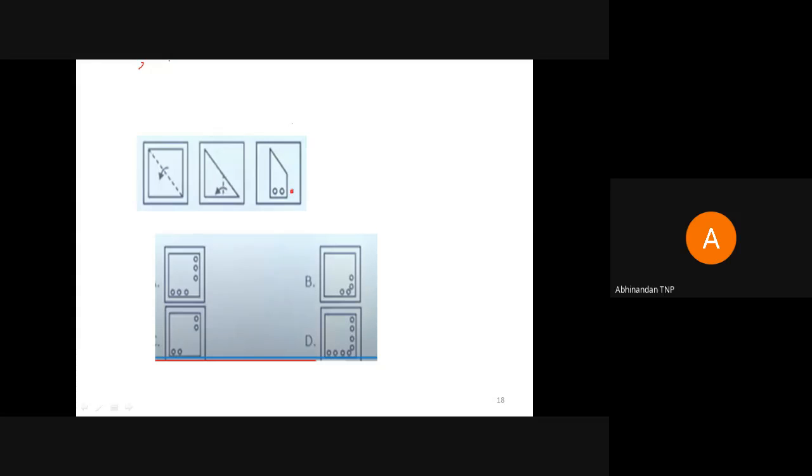These two circles will be over here, and then we have to unfold this triangle. So here we have 4 circles, from the lower side and upper side, means option number D is correct.